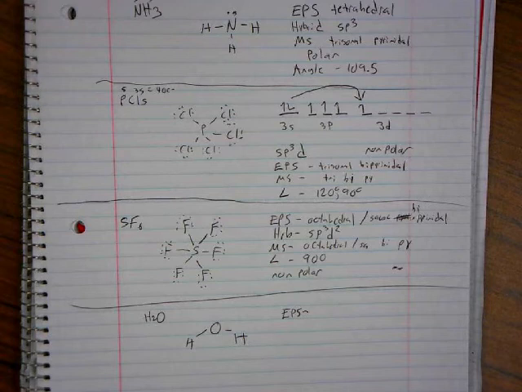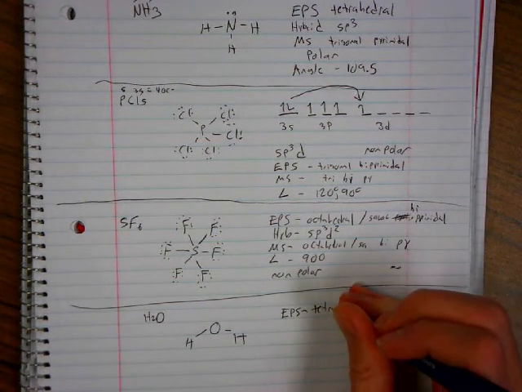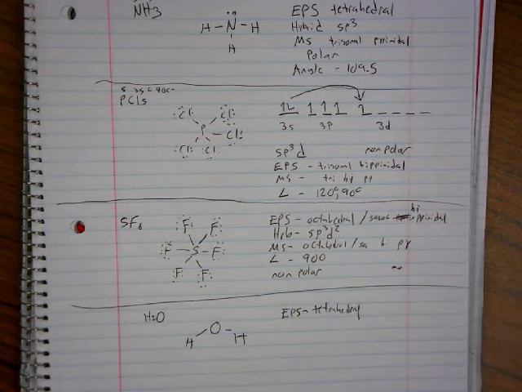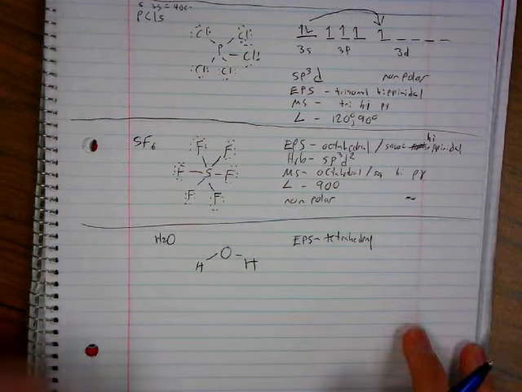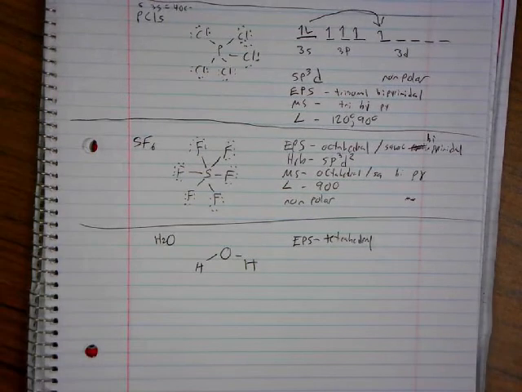I've got 4, agreed? Because I have two lone pairs and two bonds. 4 is what shape? Tetrahedral. Yes. So my electron pair structure is tetrahedral.